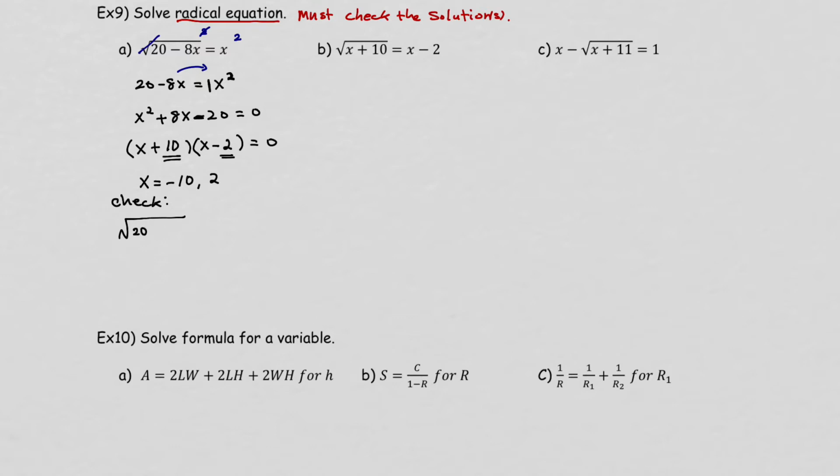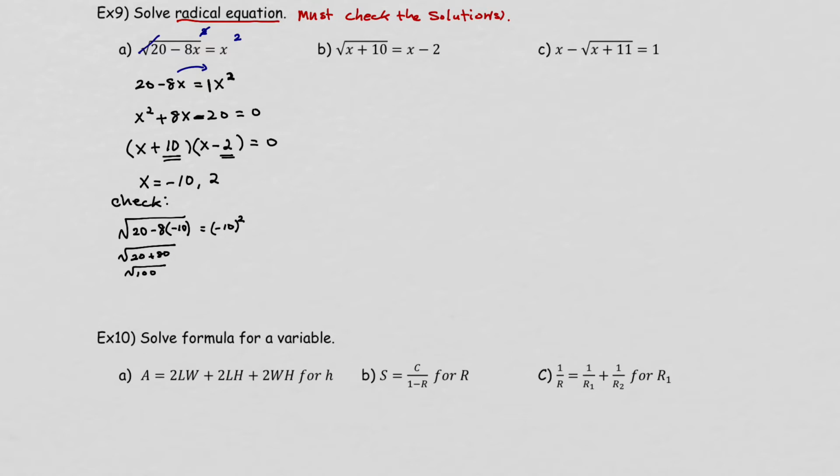So 20 minus 8 times negative 10 should give you the square root of negative 10 squared. That gives you 20, adding will give you 100, right? So it will be 100. Is this equal to negative 10?